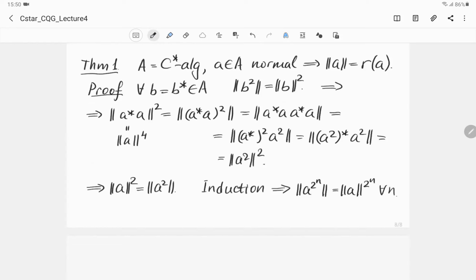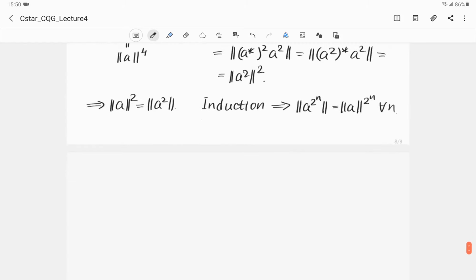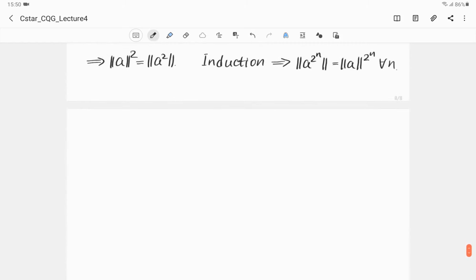So now we can calculate the spectral radius by using the Gelfand-Beurling formula. The spectral radius of A is the following limit. Of course, we can take a limit over the powers of 2. The limit will be the same.